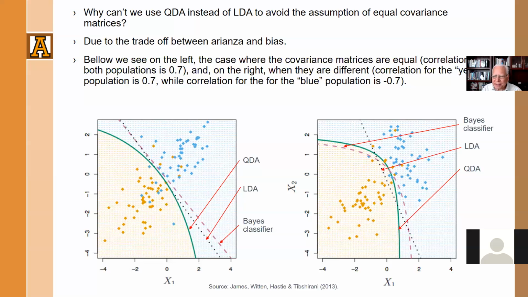Now, there are tests to check whether the variance covariance matrices are different. However, those tests are not that reliable, and they're not very powerful when P, the number of predictors, is big. In many classification cases we're working with more than 50 predictors, and then those tests are almost meaningless.